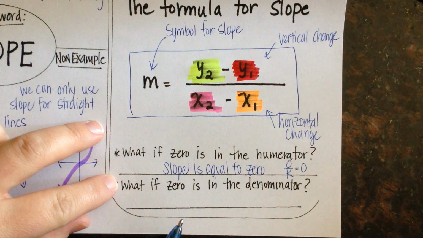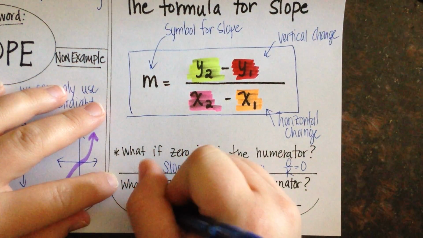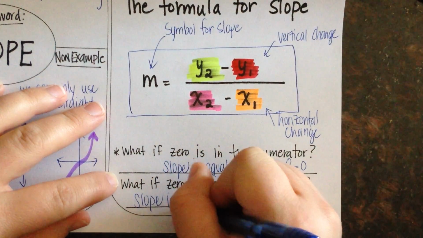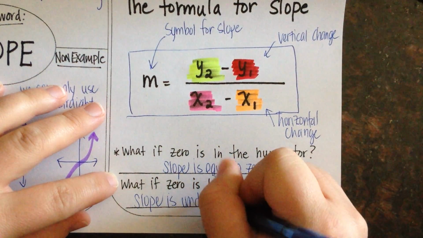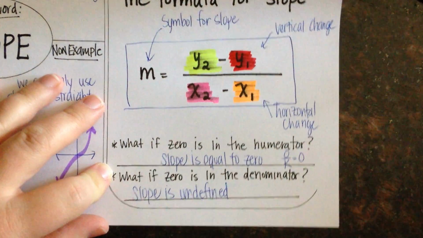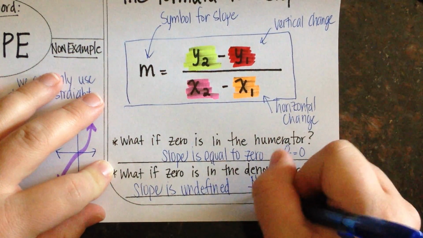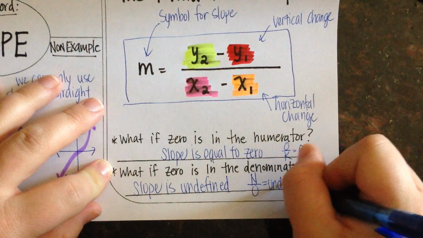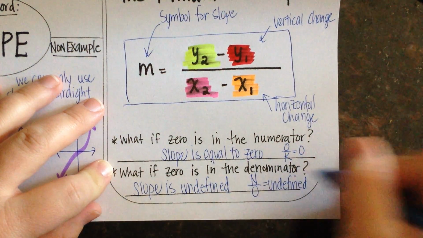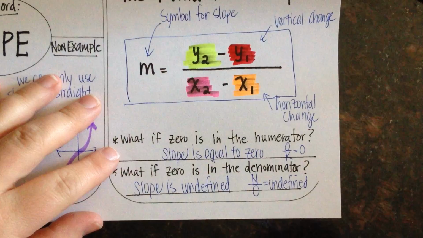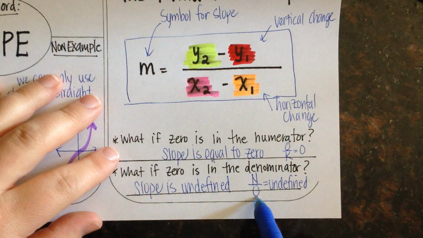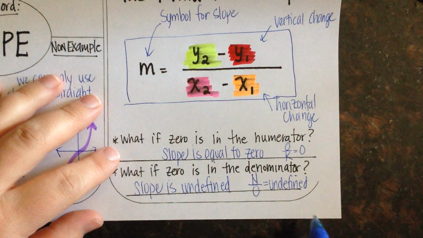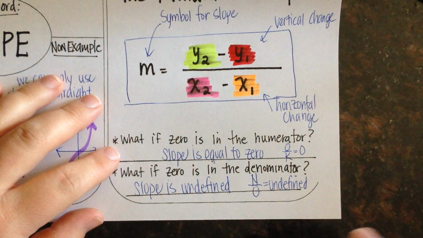What if 0 is on the denominator? Then your slope is undefined. One way to remember that is no, no would be undefined. So try to use those little tricks to remember, because if you get 0 on the bottom, you can stop the problem. Your slope is undefined. If 0 is on the top, your slope is 0.